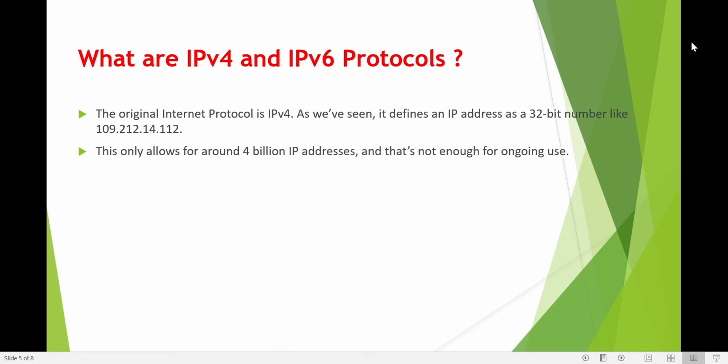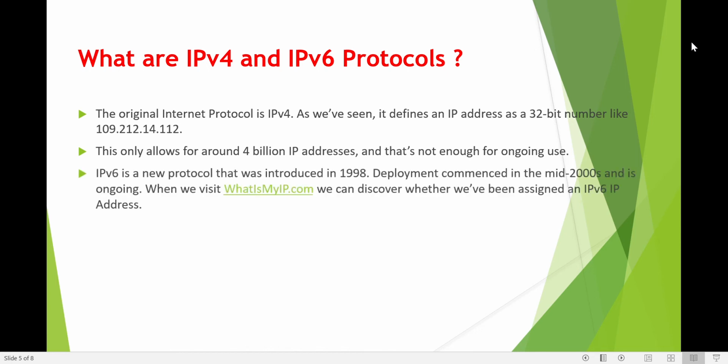This allows only around 4 billion IP addresses and those are not enough for ongoing use. So there is a new protocol which is known as IPv6, which was introduced around 1990, deployment started in the mid 2000s and it's currently also ongoing.